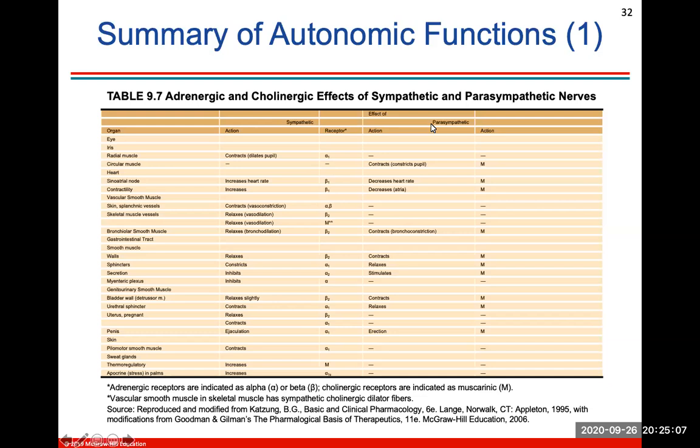I would encourage you to read through this, especially knowing what happens to the muscle in your eyes, in which the sympathetic will dilate the pupil and the parasympathetic will constrict the pupil. Your sympathetic will increase heart rate and vasoconstrict the blood vessels. So knowing some of these effects of the parasympathetic and sympathetic is important.